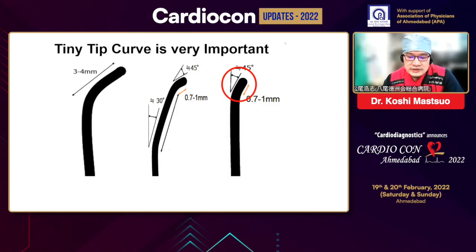When you can see microchannels inside the CTO, you should create a tiny curve like this one. Filter XT series, Filter series, and Cyan Black can create a tiny curve like this. Otherwise, it's a little bit difficult to create a tiny curve like this.